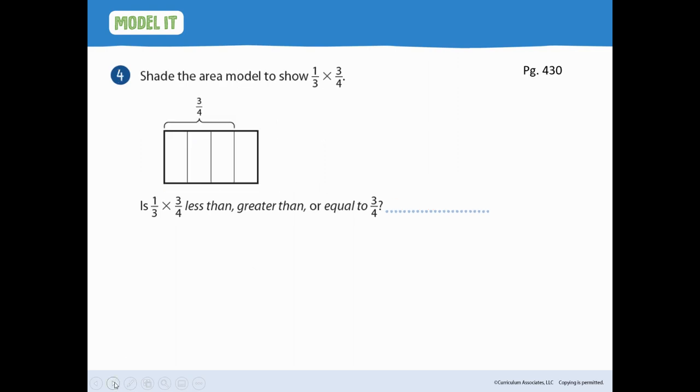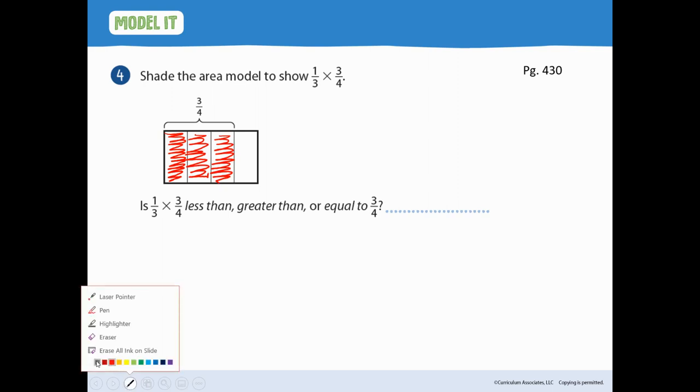All right, and just real quick, so we can see this side of it as well. Area model: I'm going to shade in 3/4 here, 1, 2, and 3. And then the other way, I'm going to make thirds, so I'm multiplying by 1/3, and I'm going to shade in thirds in blue.